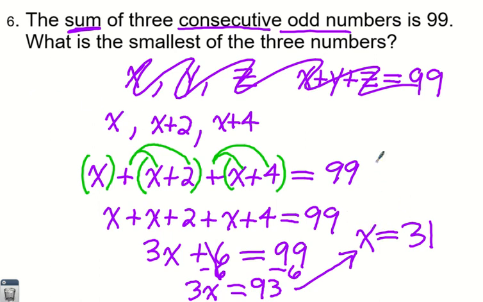So X equals 31. Now, of course, the other two would be 33 and 35. But, I think that's it.